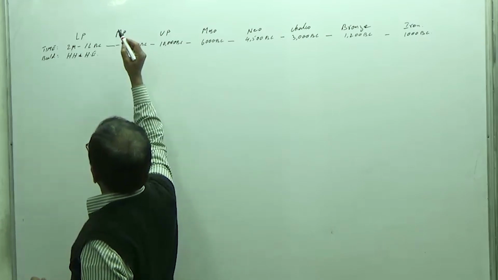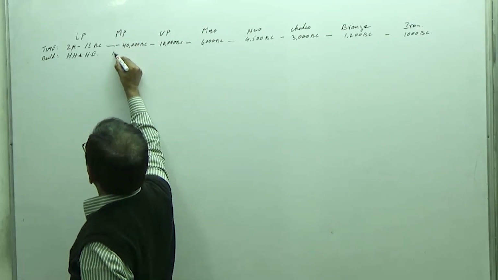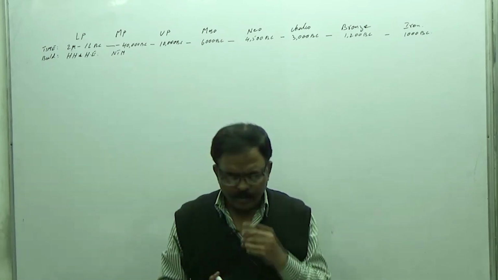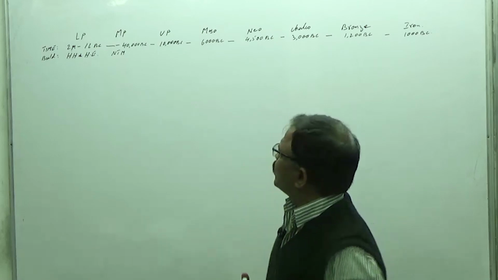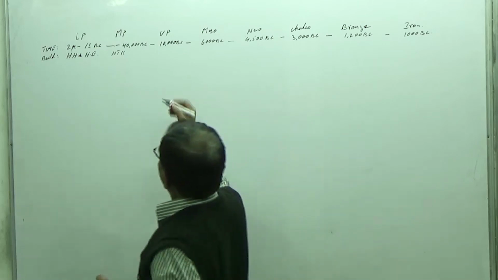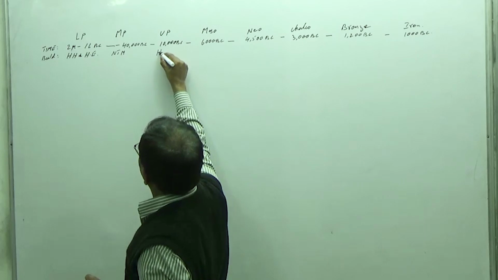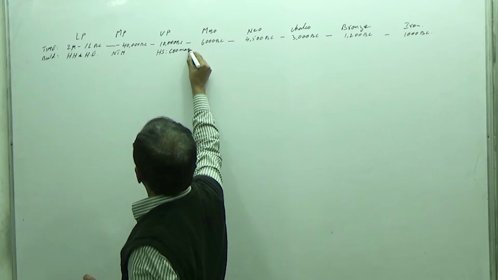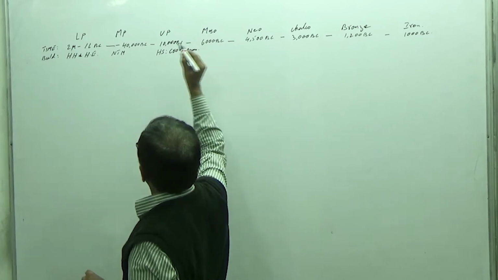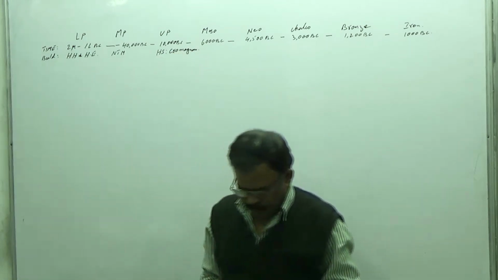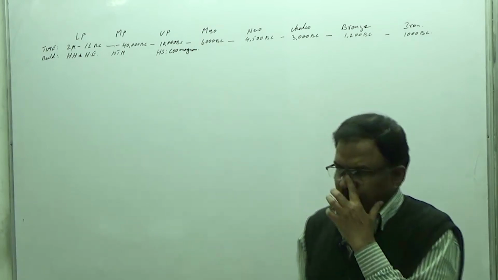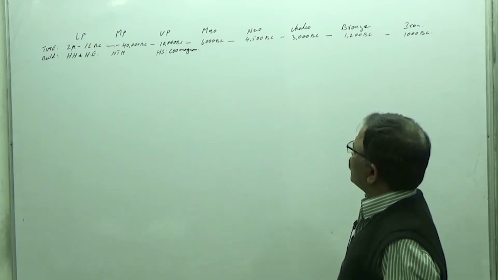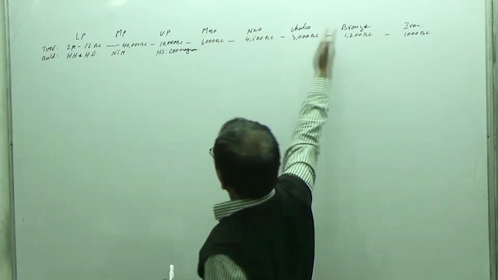Then Middle Paleolithic cultures were built by Neanderthal man. Then Upper Paleolithic cultures were built by Homo sapiens, particularly Cro-Magnon in Europe. Then from Meso onwards, it is modern man only.